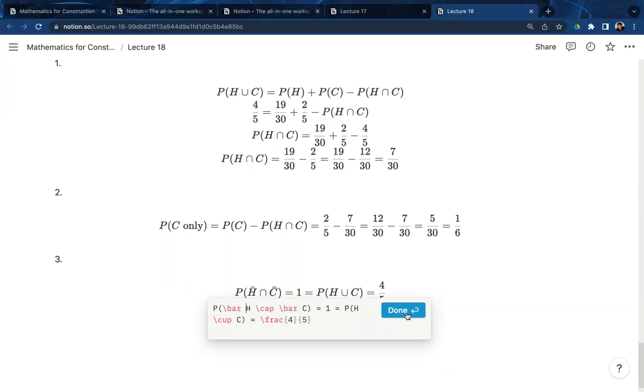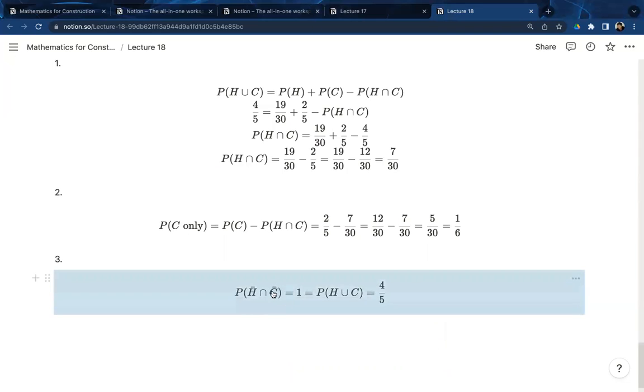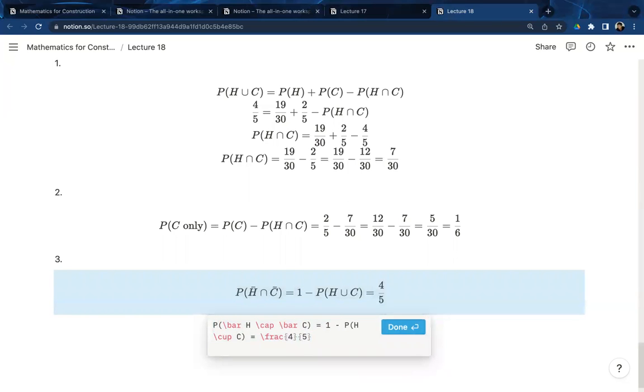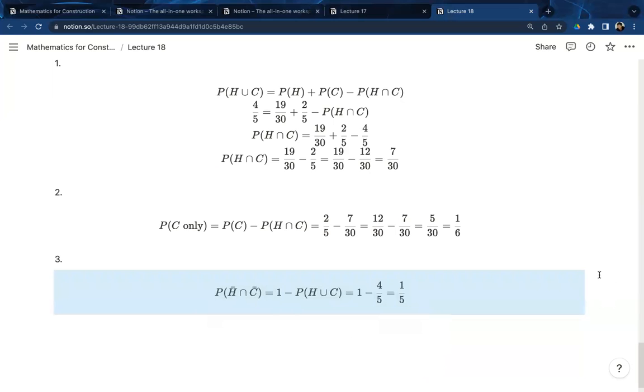Everything outside of H intersect with everything outside of C. That's just 1 minus the union. That's 1 minus 4/5. That's 1/5.